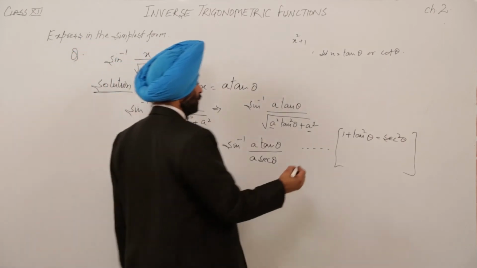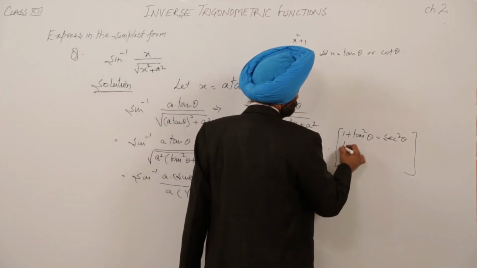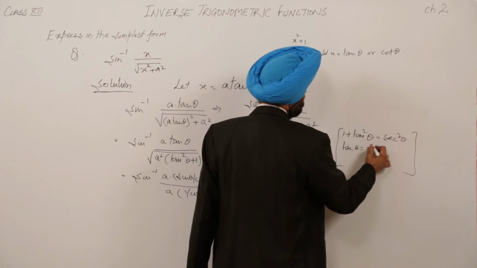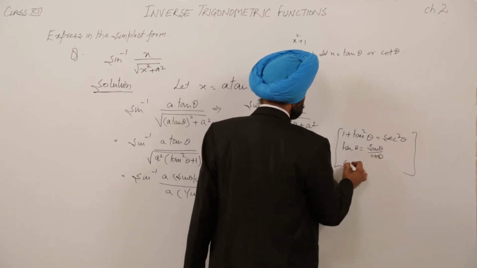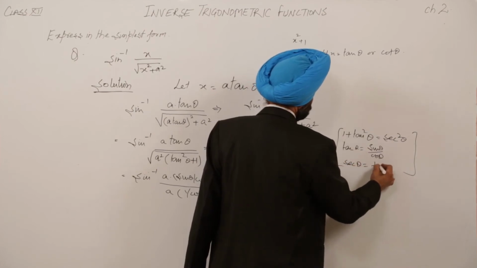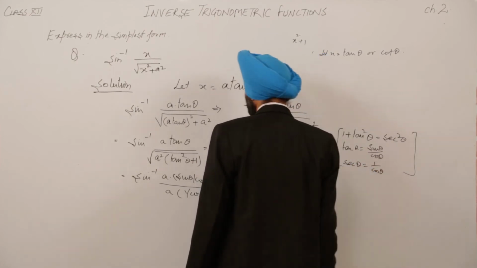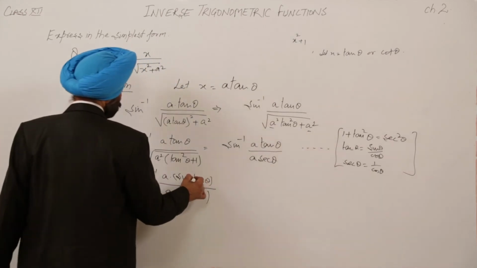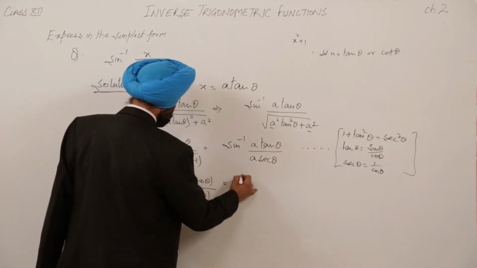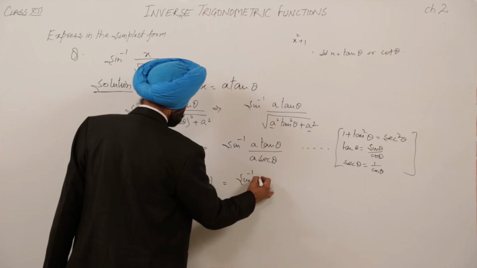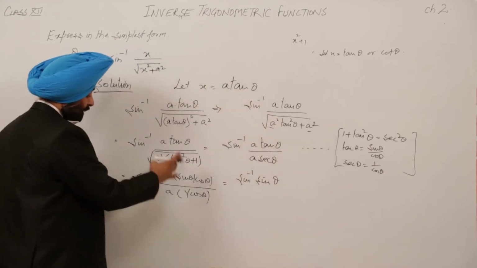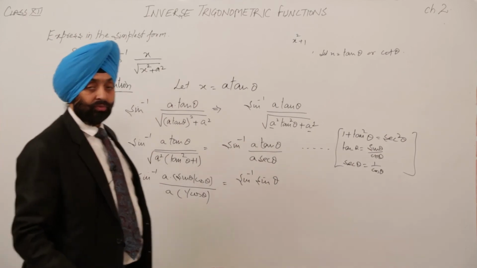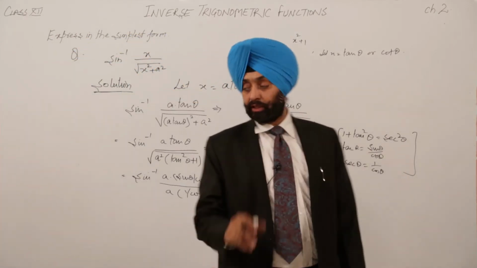Very simple, you are aware that tan theta is equal to sin theta upon cos theta, and secant theta is equal to 1 upon cos theta. Now solving this part, cos and cos cancel, a and a cancel, and we are left with sine inverse sin theta.